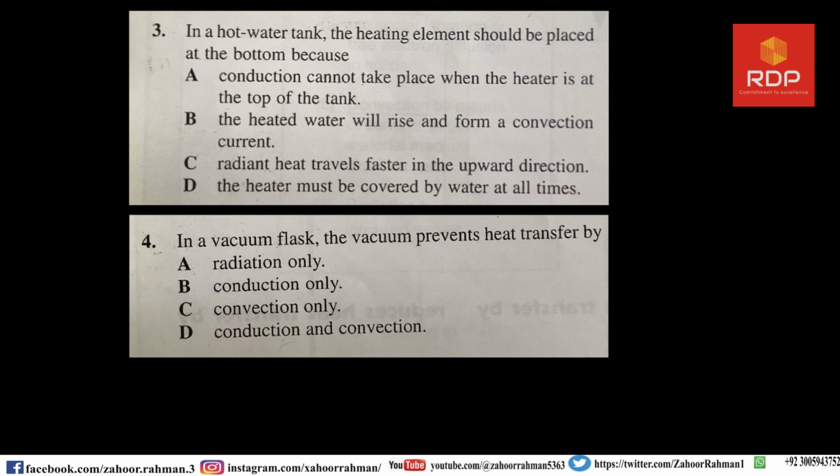Yes, this is the absolutely correct answer. When the heating element is placed at the bottom, the water at that portion becomes hotter, and as a result becomes less dense and rises, and similarly the convection current takes place.